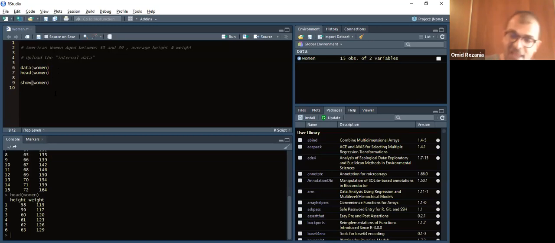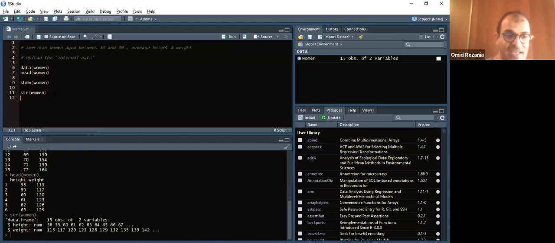Okay, the next thing which we do, we said that we can write this structure, str, women. Str shows the structure, which means how the data sets has been created. When you go to your console, you see the structure, the framework of your data sets.